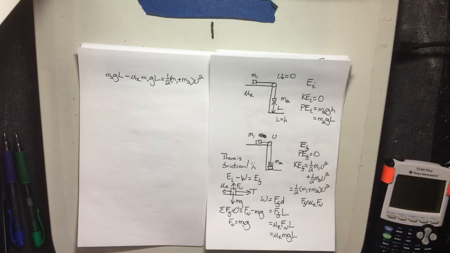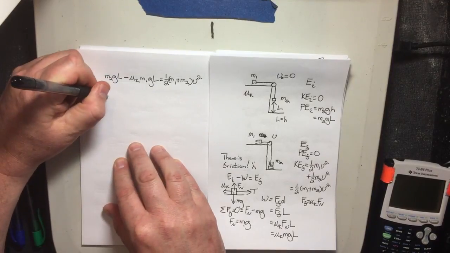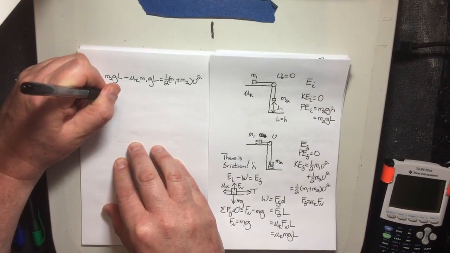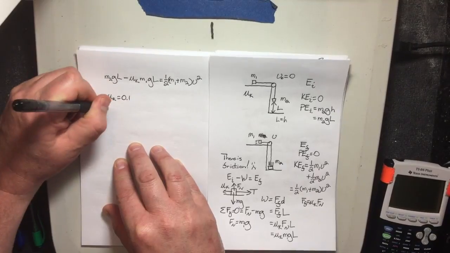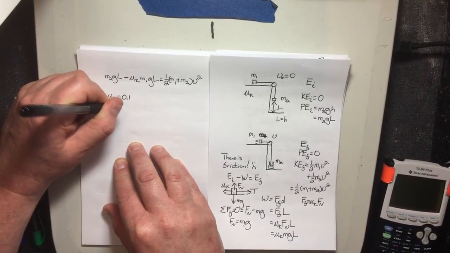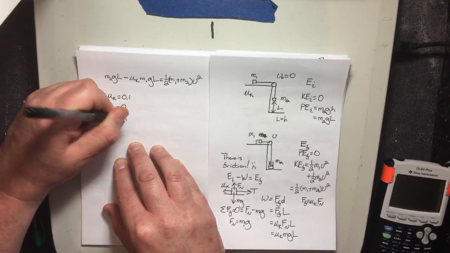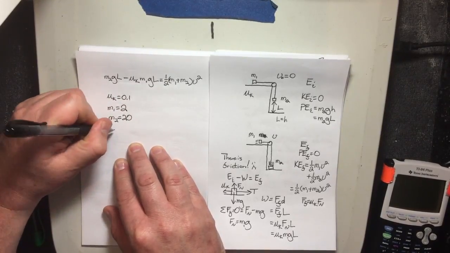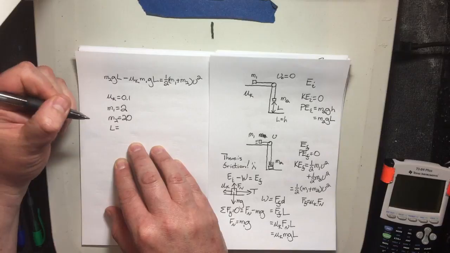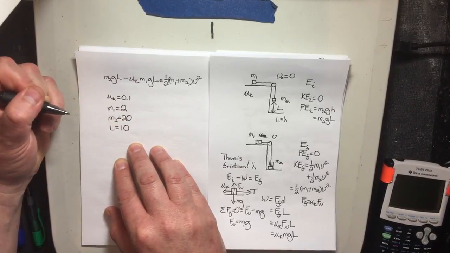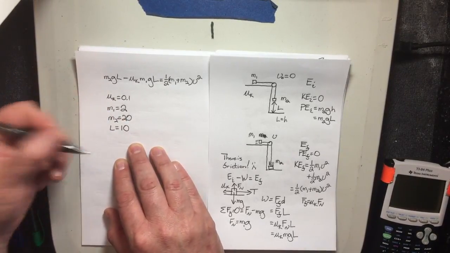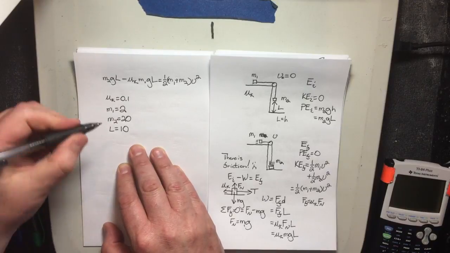So what are the things that I could do? I could play a conventional solution. I could say, well, with mu sub K equals 0.1 and M1 equals 2 and M2 equals 20, L is equal to 10, G is obviously 10.